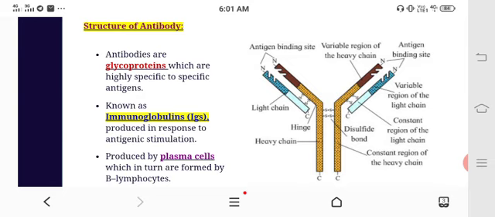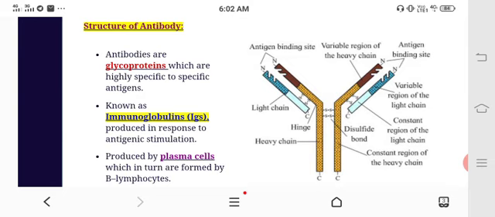In this diagram, the heavy chains are indicated by the brown and yellowish portions, while the light chains are indicated by the dark blue and light blue portions.